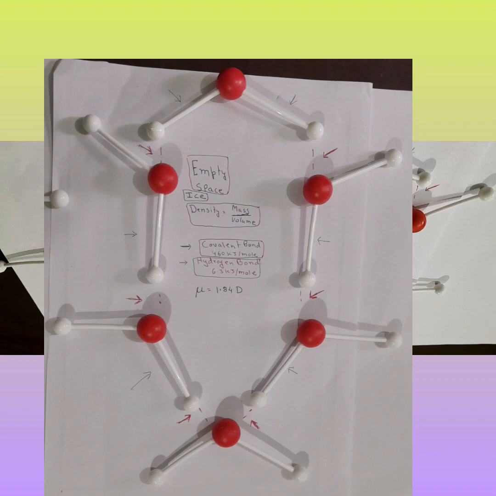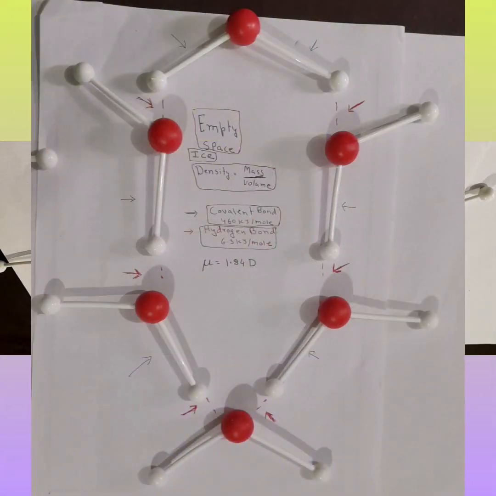Having understood what Vidit and Dhruvi explained, let's move ahead to find what effect this hydrogen bonding has. Now this is the molecular model of liquid water, and this is the molecular model of ice.